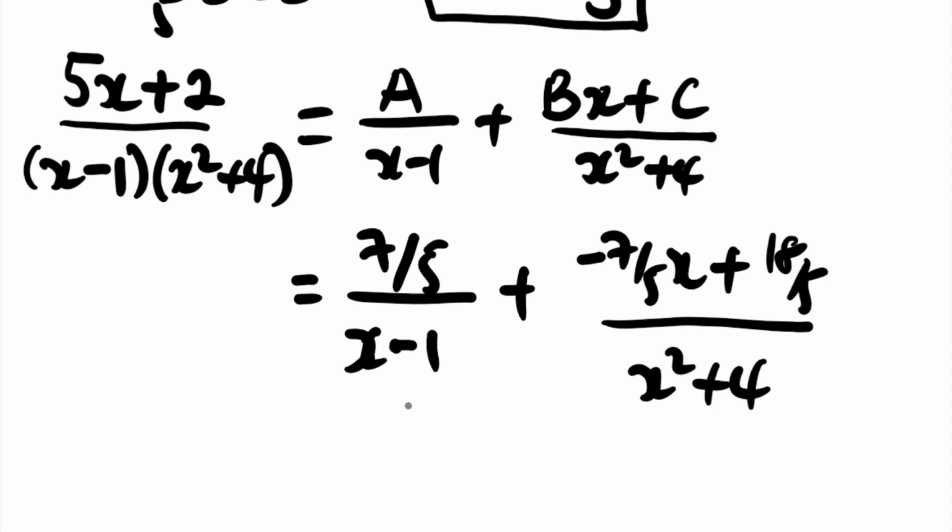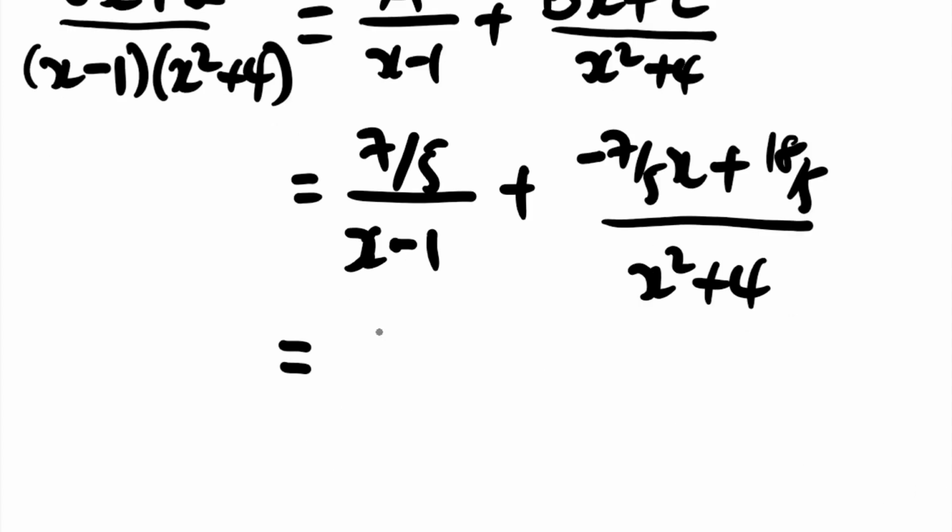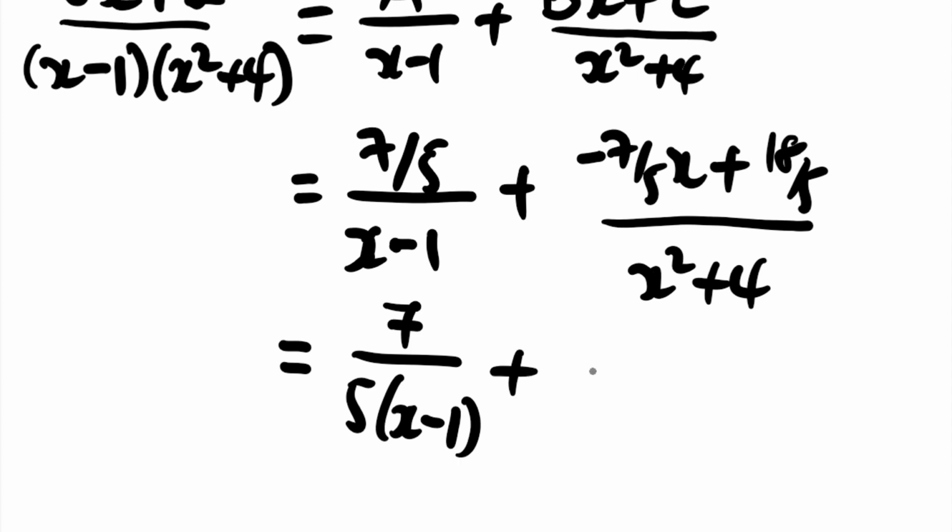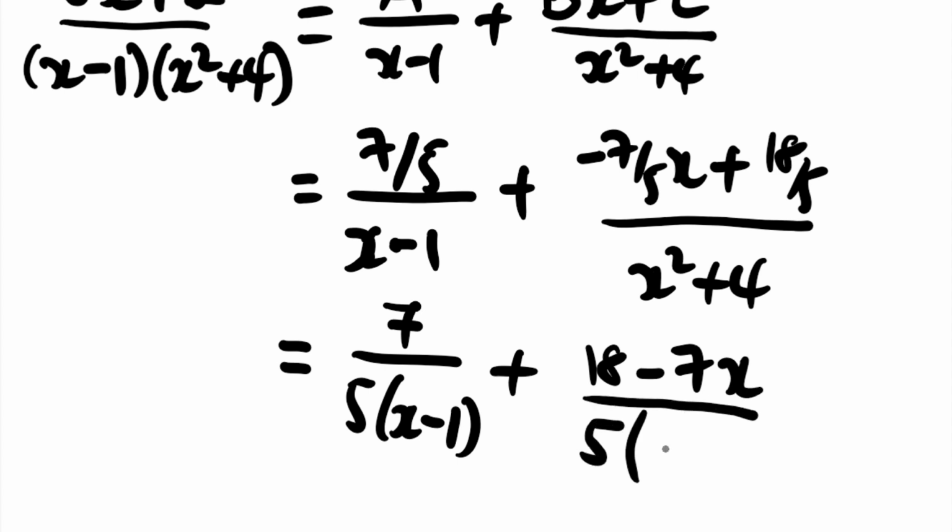You can leave it like this, or you can make it look better by having it as 7 over 5 multiplying x minus 1, plus this one too will have 18 minus 7x all over 5 times x squared plus 4.